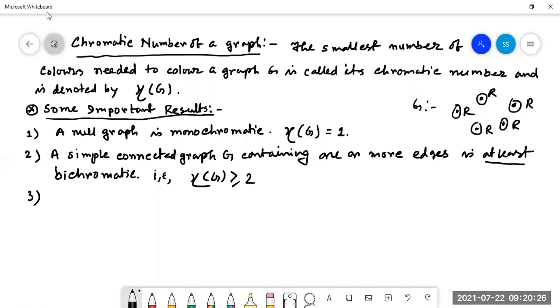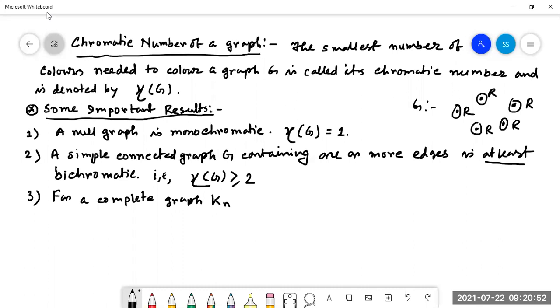Now number 3. For a complete graph Kn, what is a complete graph? Every vertex is connected to each other.